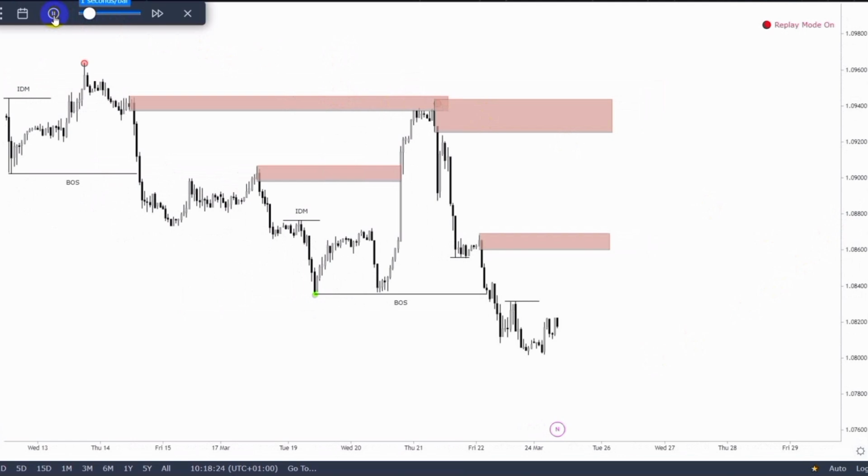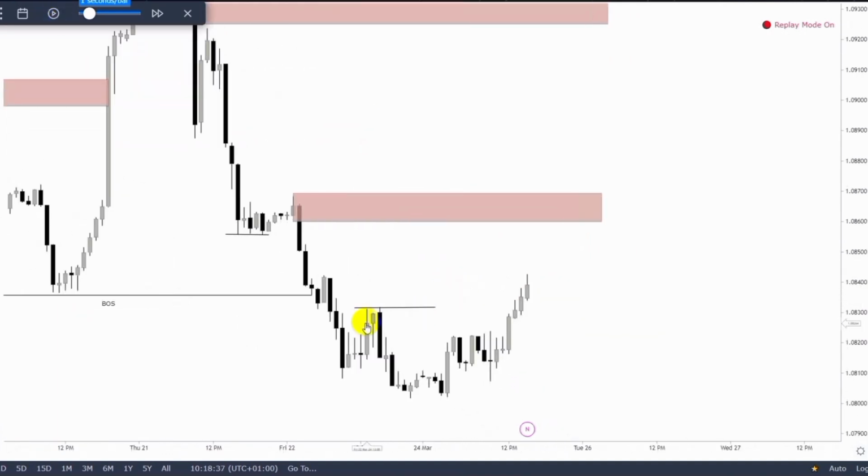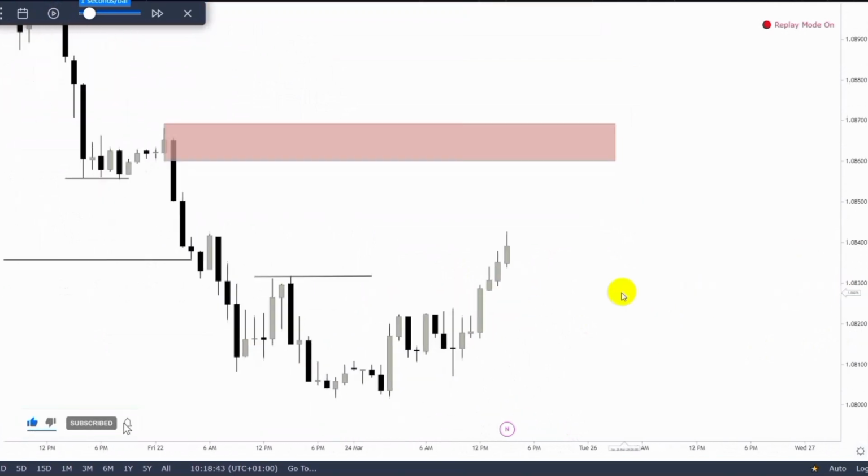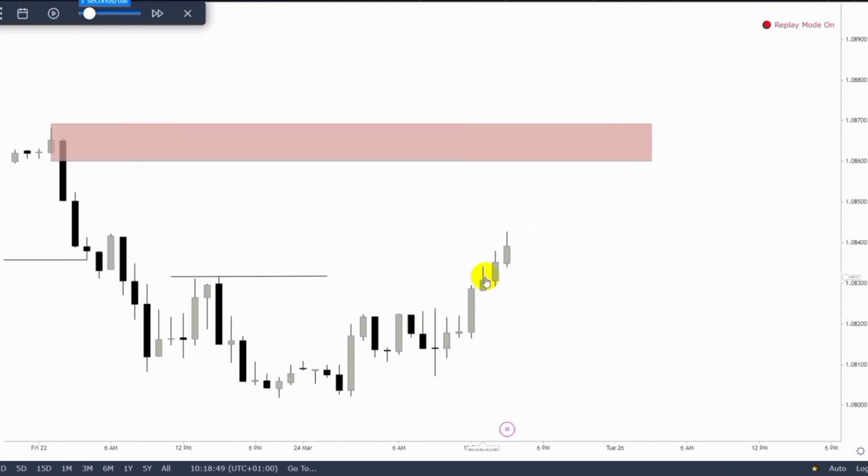So we can see price is still moving to the upside. Now we can see that at this level, price raided the inducements. But just the way I said, when you want to take entry from a single candle like this without it creating another one, it's actually a risky one.